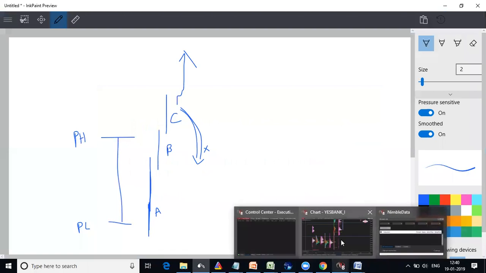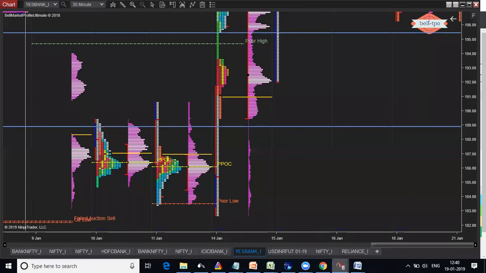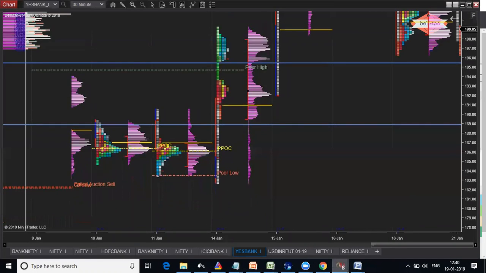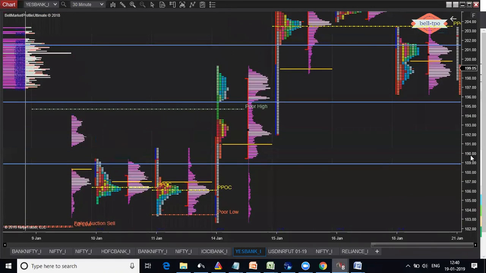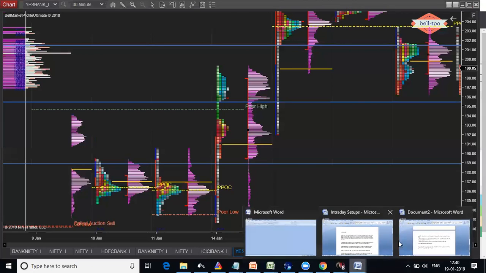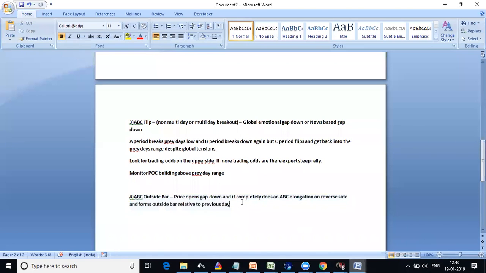And that particular day completely went like this. Don't try to fade. My morning commentary on that day was, it is a sign of strength. Don't try to fade it. So that day, it came like this. The second thing is ABC elongation with a single day breakout. That is again a sign of continuation.